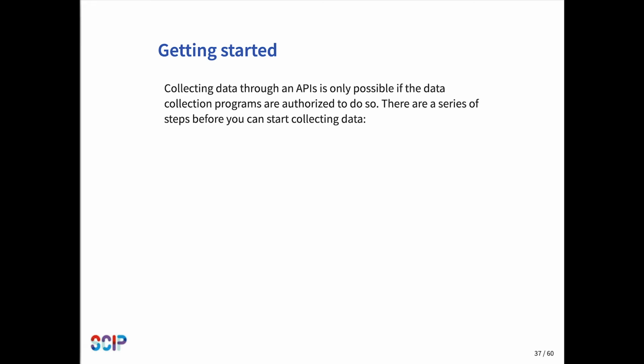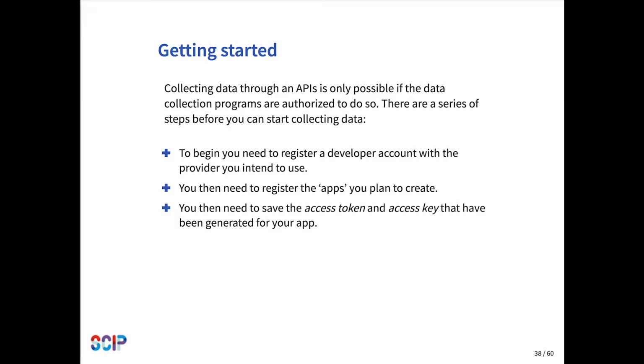So to collect data through an API is only possible if you have authorization to do so. There's a few steps you need to go through before you can start collecting data. To begin with, you need to develop or open a developer account with the platform or provider that you intend to use.